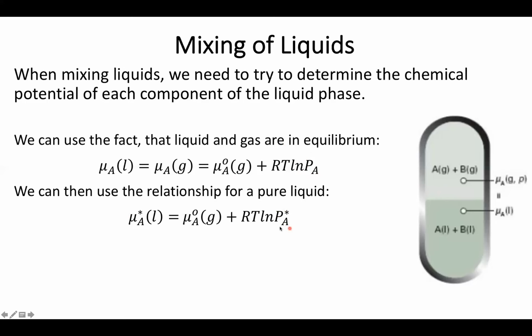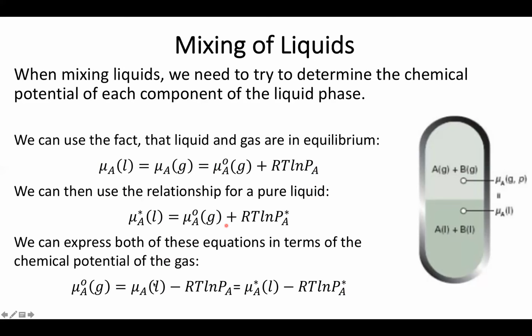And so this can actually be fairly useful, as we may have noticed by looking at these equations, both of them contain the chemical potential of the gas at standard state, but more importantly, they also contain the chemical potential of our mixed liquid and my pure liquid, and two measurable quantities that can relate these two. So for both of these expressions, I'm going to isolate the chemical potential of the gas at standard state and move that over to the left.